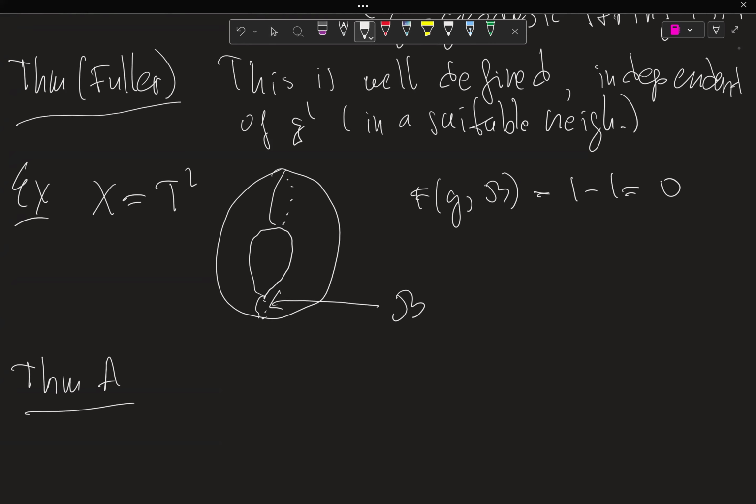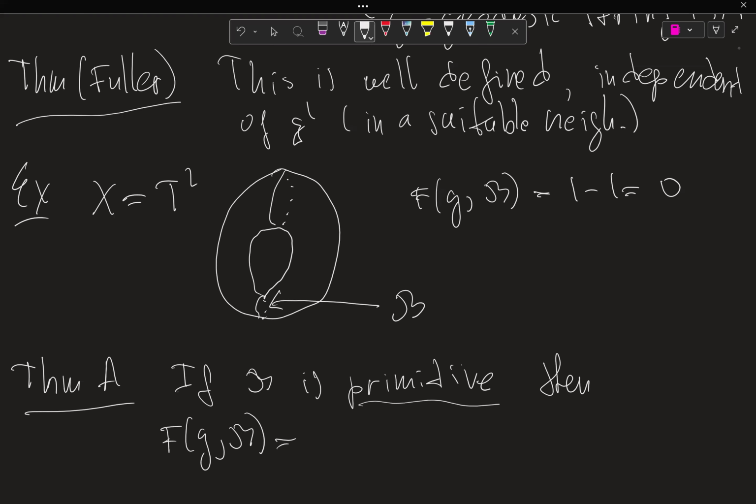Theorem A: if β is primitive, meaning it cannot be represented by a multiply covered loop, then this is the Euler characteristic of the S1 quotient.